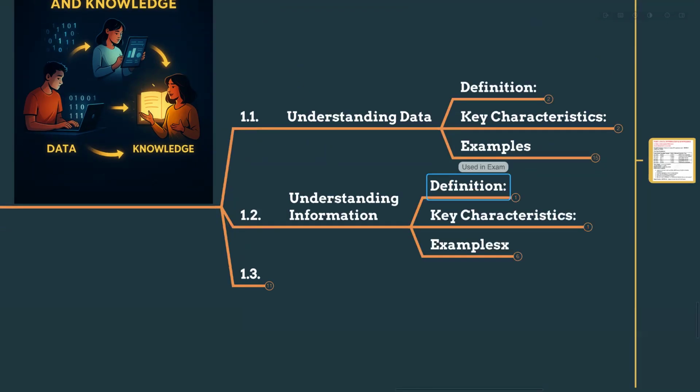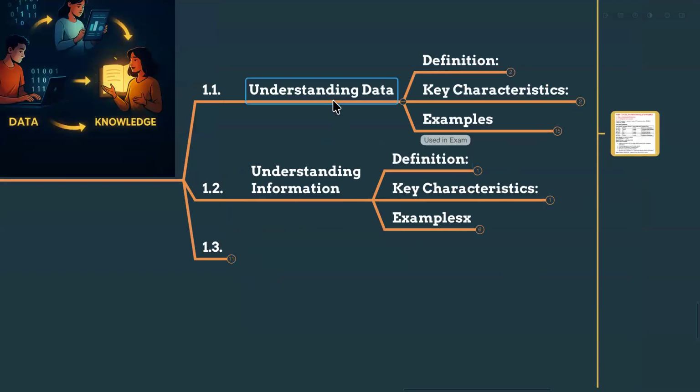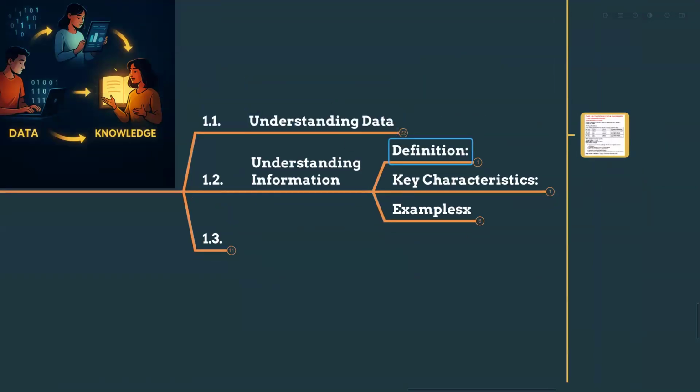Right. And understanding the information. Information is actually the data, but that has been cooked, organized, and made meaningful. You know, like how rice becomes biryani, our favorite dish, right? That's information.